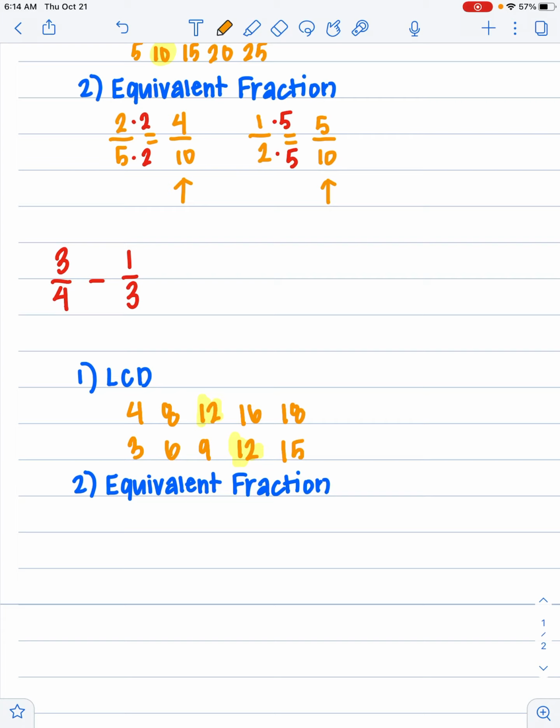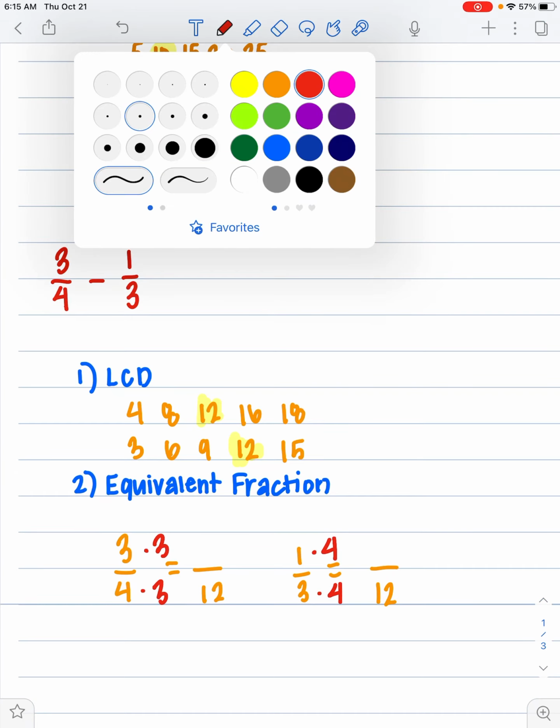And then once again, I want to create equivalent fractions. So 3 over 4 equals something over 12, and 1 over 3 also equals something over 12. Now I know that I can simply multiply 4 times 3 to get 12, so I'll do the same thing to the numerator. And when I'm talking about thirds, I'm multiplying the numerator and the denominator times 4.